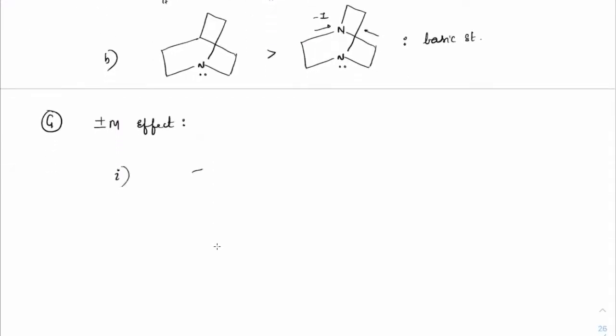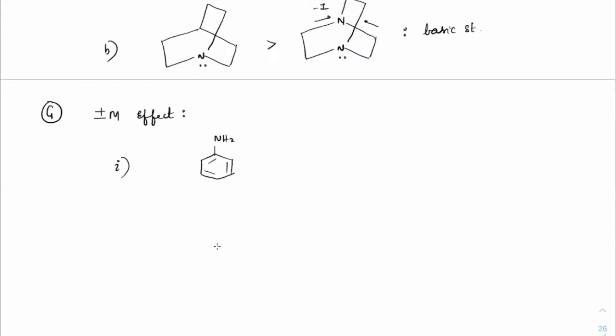Suppose in case we have aniline, right, only aniline with NO2 group here, and I have to compare these two.